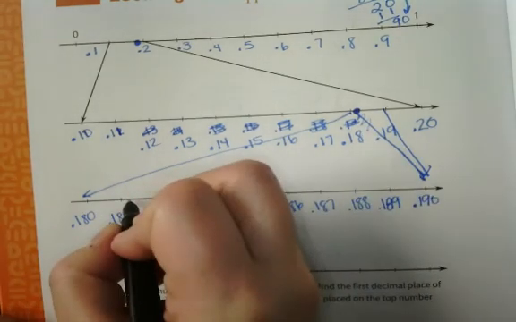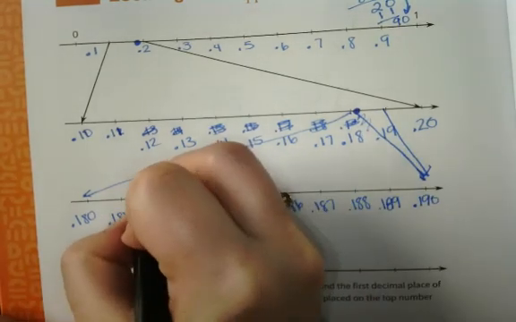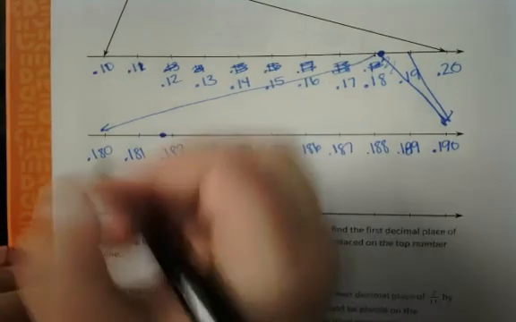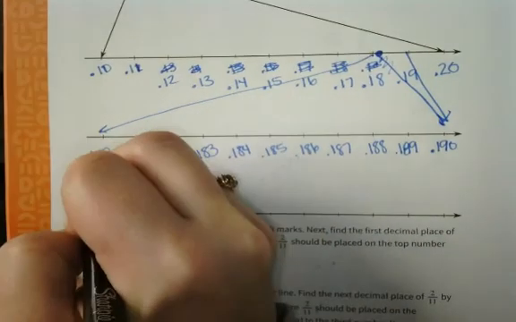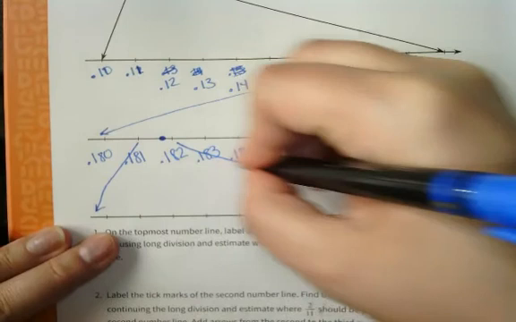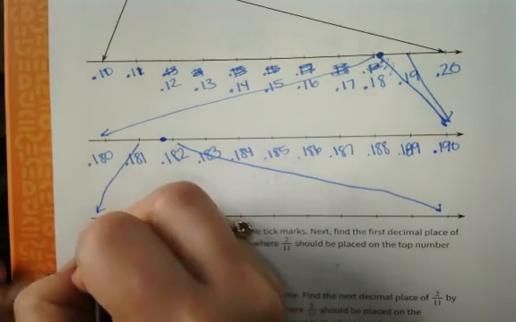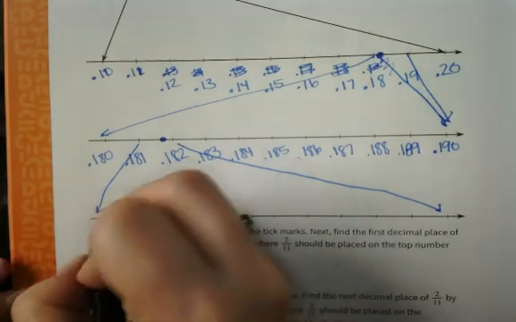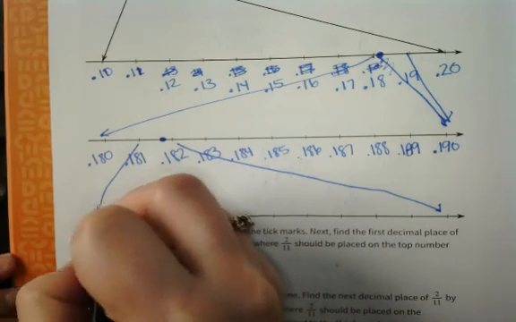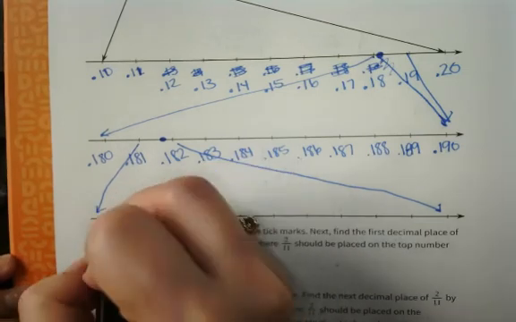Okay, so then where does it go? If it's 0.1818, so 0.181, we're going to go down here. Okay, now I want you to try the next one. So you're going to go here and here.